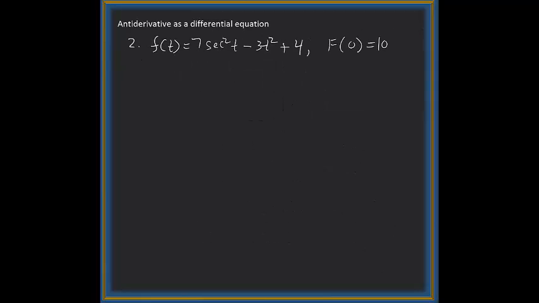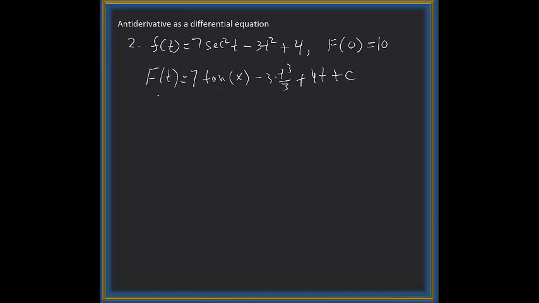Example 2, we are given a function f of t. When you take the antiderivative of lowercase f of t, that will give you uppercase F of t. We know the derivative of tangent x is secant squared, so the antiderivative of secant squared will be tangent. So we write 7 tangent x minus 3t squared will give you t to the 3 over 3 with the power rule, 4t plus a constant.